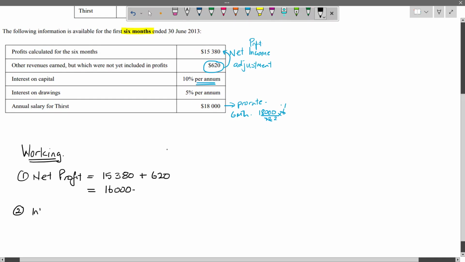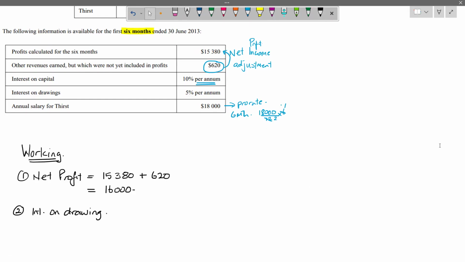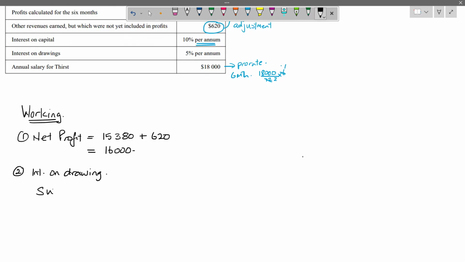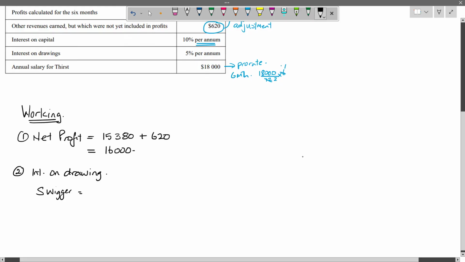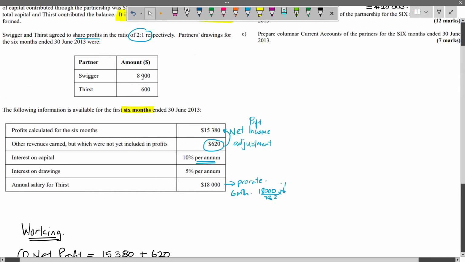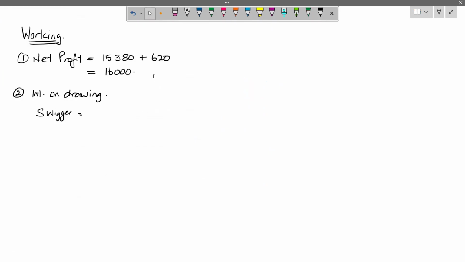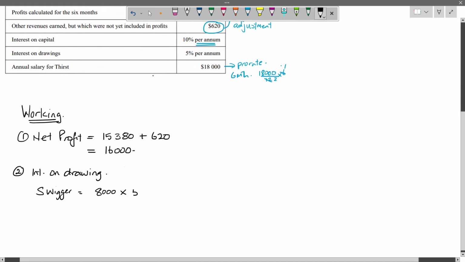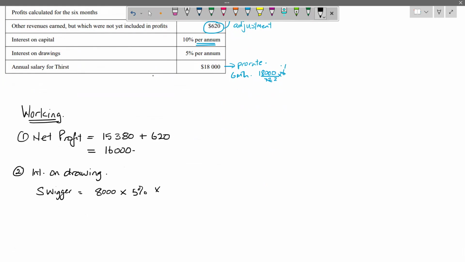Next, we have interest on drawings, the next figure we need for our appropriation account. We're going to do each person separately. Swigger and TUS. Let's do Swigger first. Swigger's drawings was $8,000, multiplied by 5%. And then it's for a 6-month period, so we're doing it by 6/12.